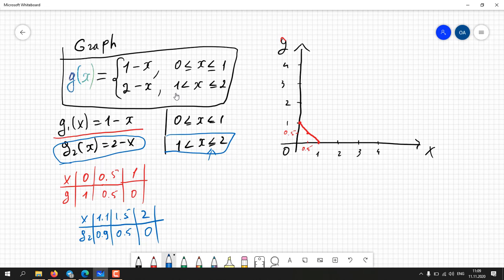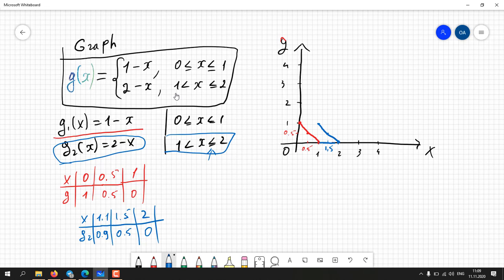When x is 1.1, it's somewhere here. G becomes 0.9. It's somewhere there, a little bit to the right of this one. This point 1.5, sorry. 1.5 is here, and g is 0.5, it's there, and x is 2, so this point.